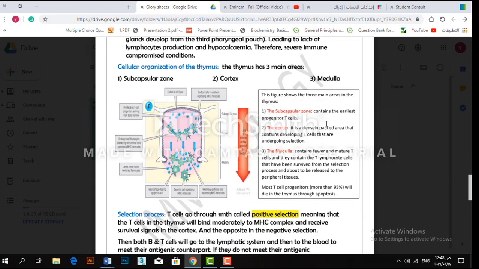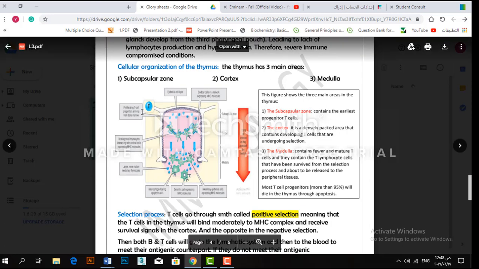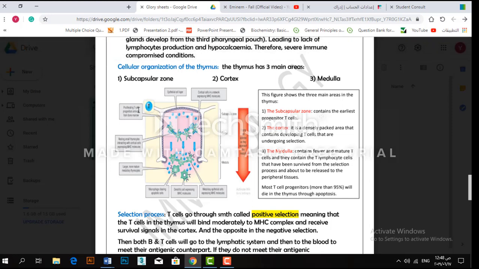Okay, fine. This figure shows the three main areas in the thymus. The first area, the subcapsular zone, contains the earliest progenitor cells. Now, T cell progenitors arrive from where? From the bone marrow. So T cells will arrive in the subcapsular zone, and the subcapsular zone contains the earliest progenitor stem cells of T cells, so they are large in numbers.